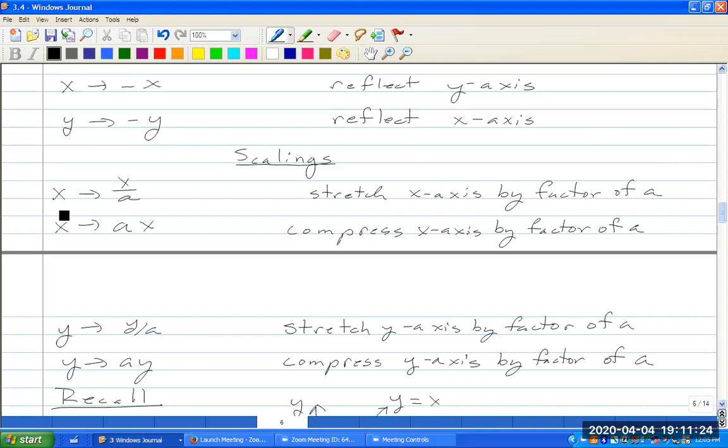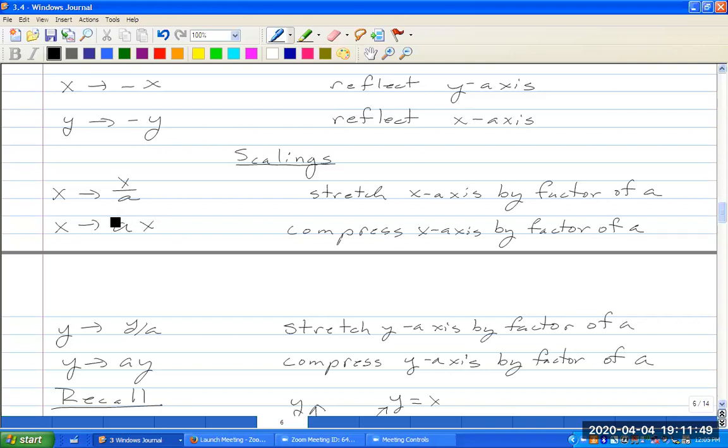Now suppose I have the transformation x going to ax. So I'll replace x by ax. Then I will take the x-axis and divide by a. So rather than multiply by a, I'll divide by a. So I'll compress the x-axis by a factor of a.